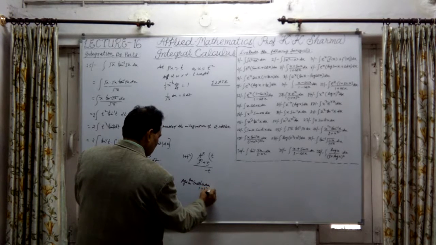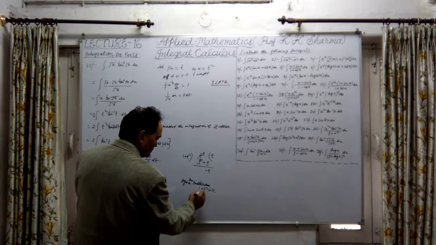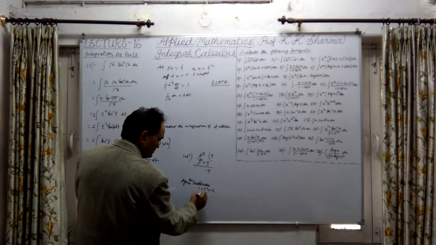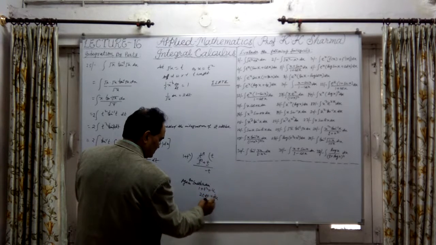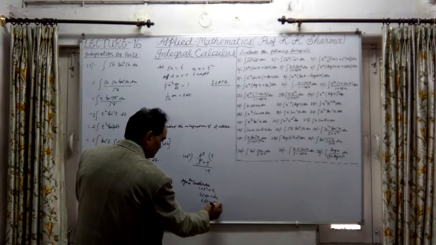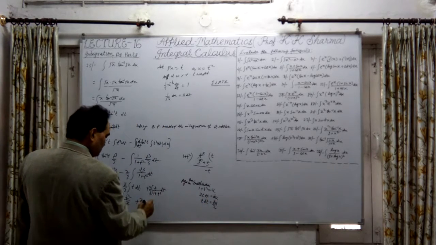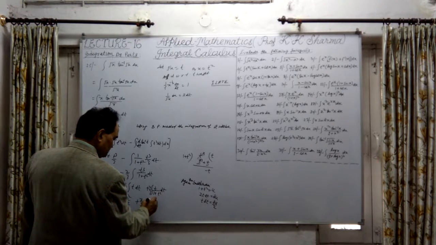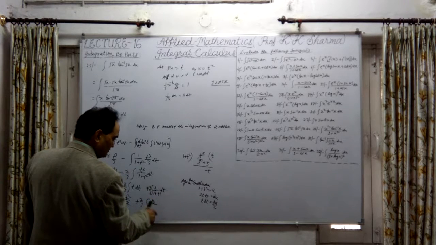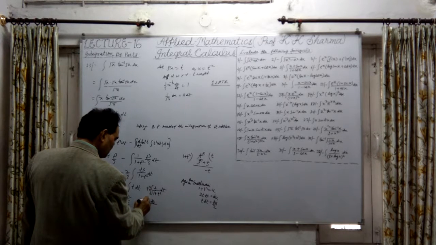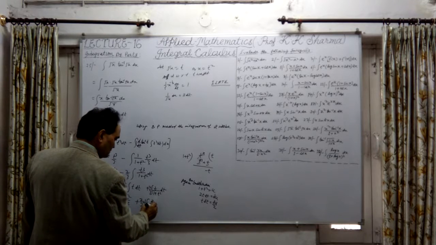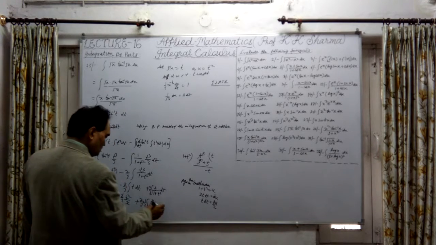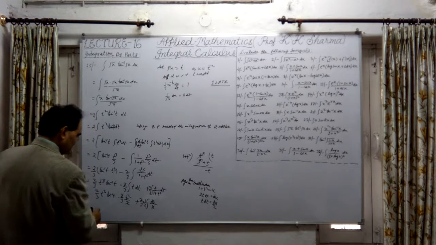let 1 plus t square equal to u, therefore integrating with respect to u, twice t into dt equals du, so t dt equals du upon 2. So this can be converted as 2 upon 3 integration of du upon 2, that means into 1 upon 2, this is 1 u only, plus constant of integration that we will write next.